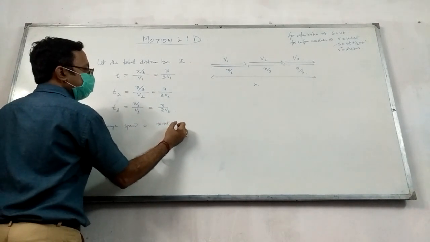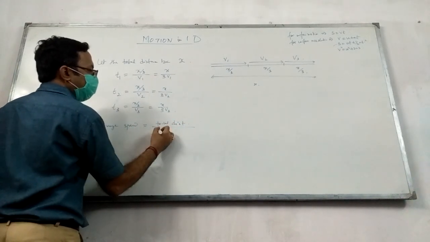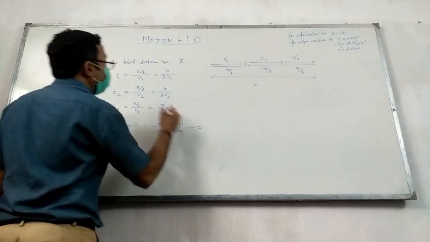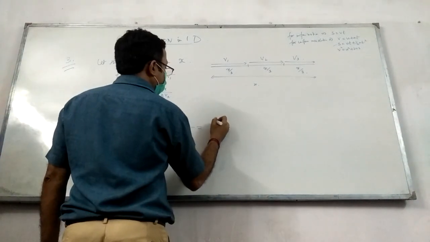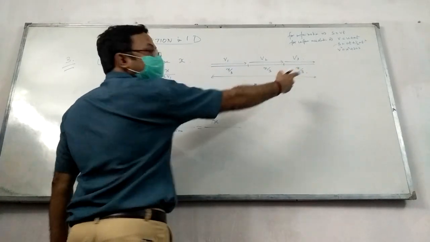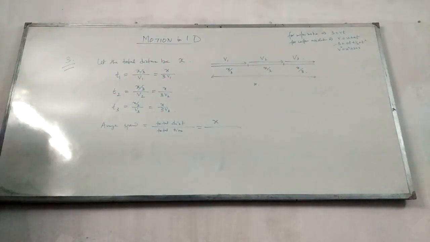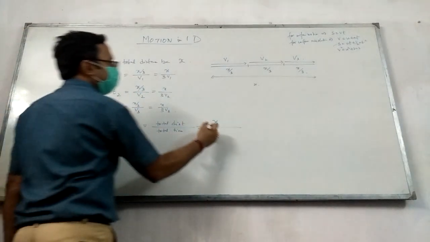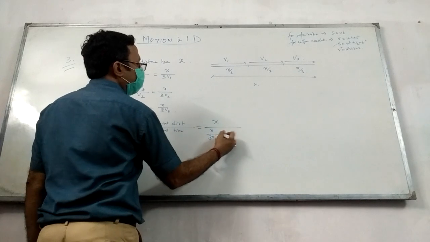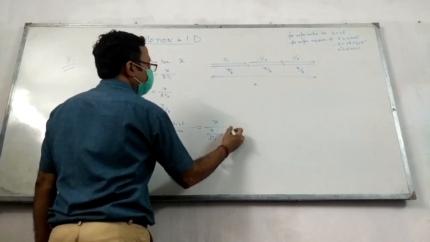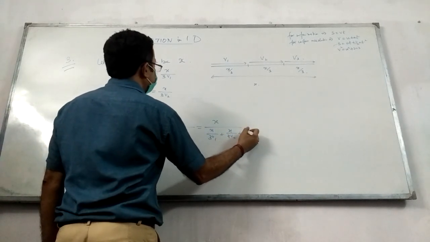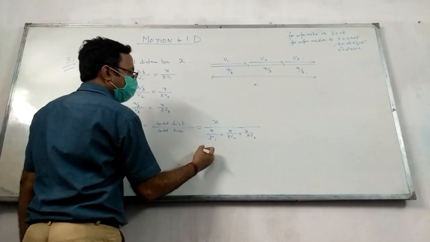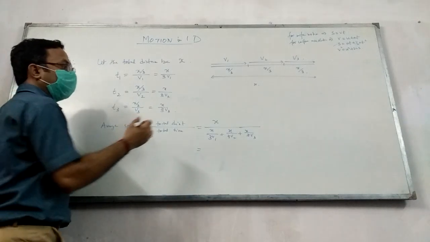Average speed is equal to total distance by total time, right? So total distance is how much? x. Our total time is the sum of these 3 time intervals, that is x by 3v1 plus x by 3v2 plus x by 3v3. This can have x common and 1 by 3 common.